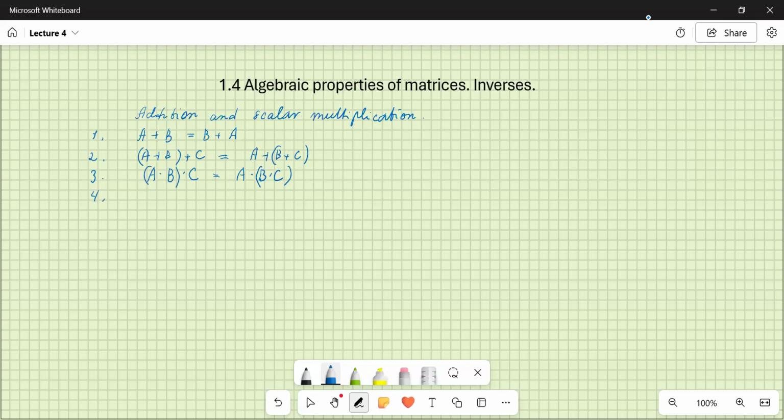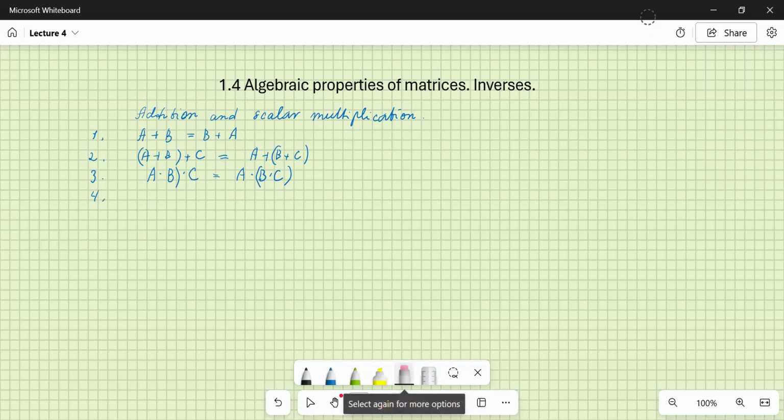We also have distributive law, right? Distributive law works on both sides, and we actually keep the order of matrices. If you have matrix A multiplied by the sum of matrices B plus C, you can distribute it and have A multiplied by B plus A multiplied by C. Because matrices do not commute for multiplication, we also have a different side of this distributive law.